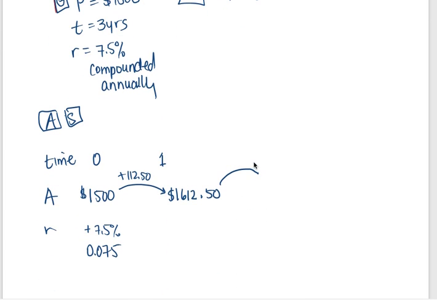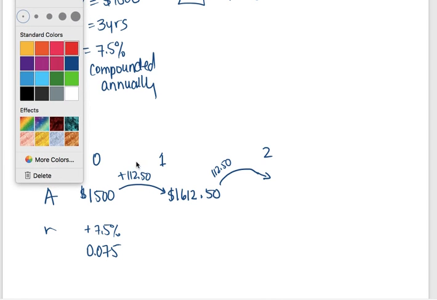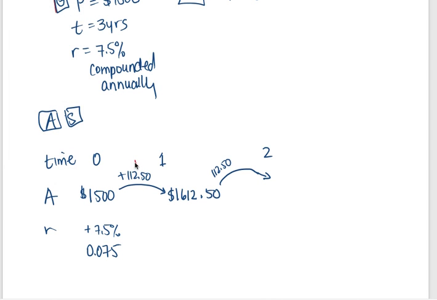Okay, so all right, another year later, so what's going to happen here? So you're going to take again 7.5% of this, which is $112.50. You are going to take 7.5% also of the interest that you made. Okay, so let's somehow write that here. So it's like you have to multiply, I guess, 7.5% of this number as well.